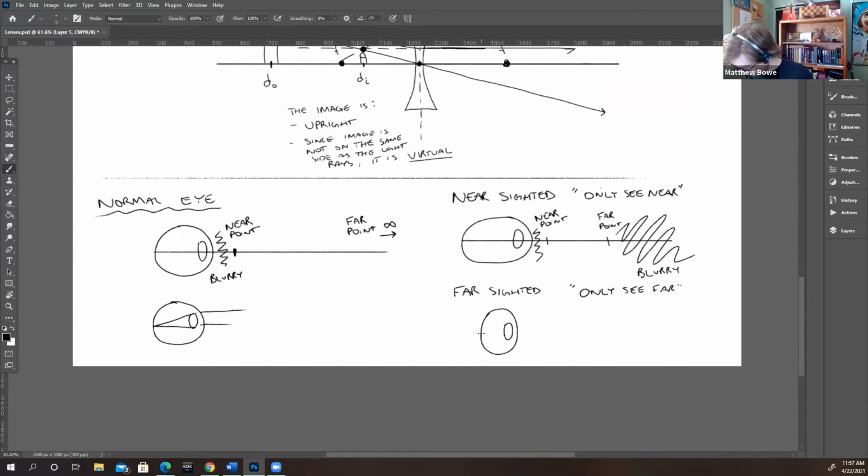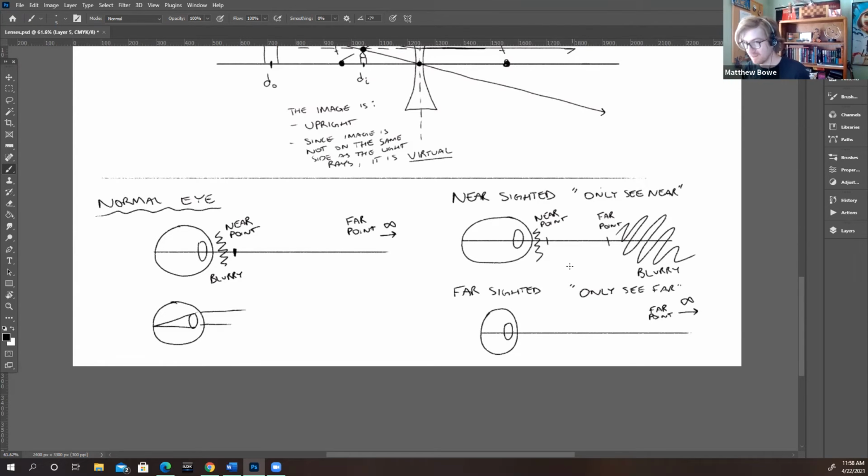Okay, so doing this diagram, for someone with farsightedness, they might have a far point still out at infinity. So they could see everything far away. That's fine.